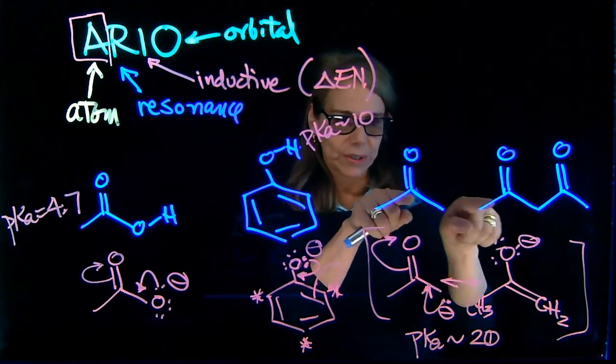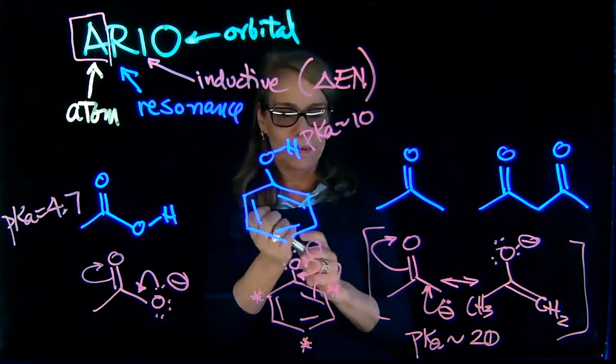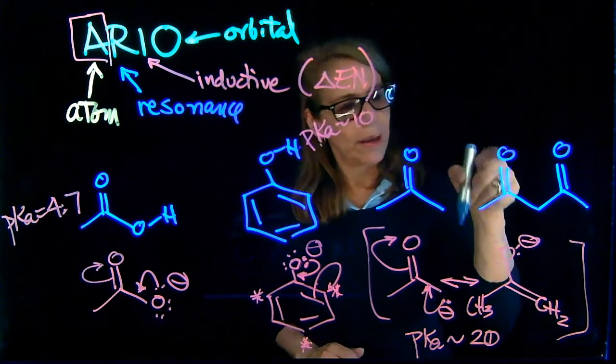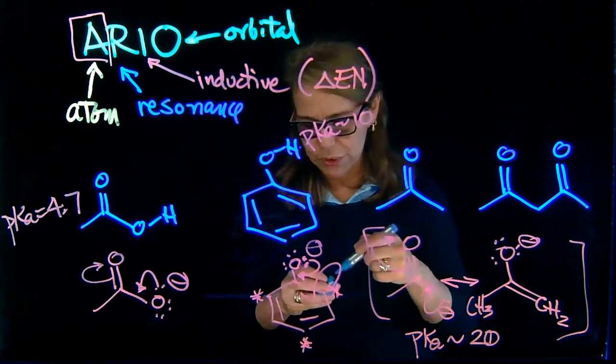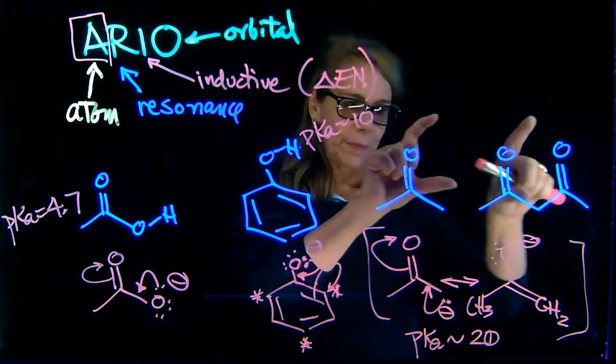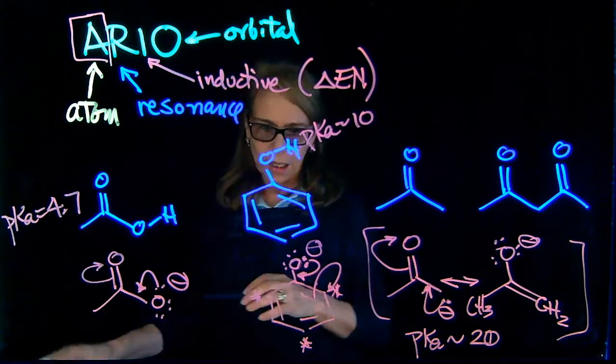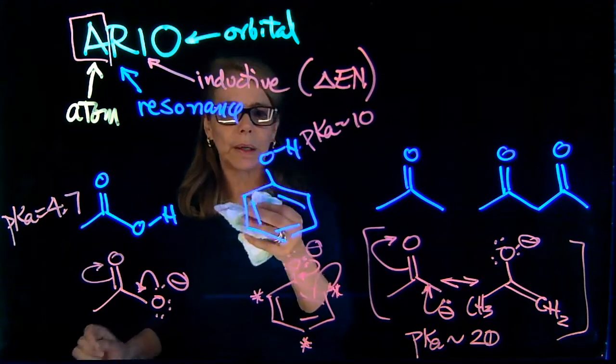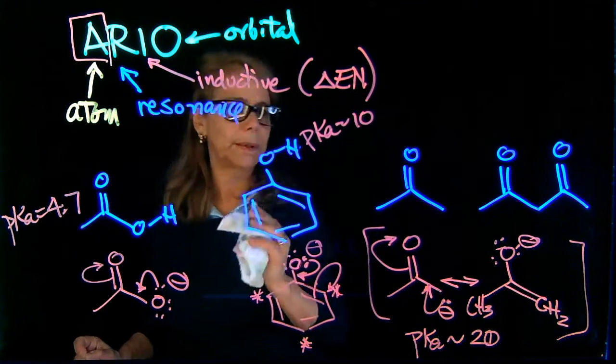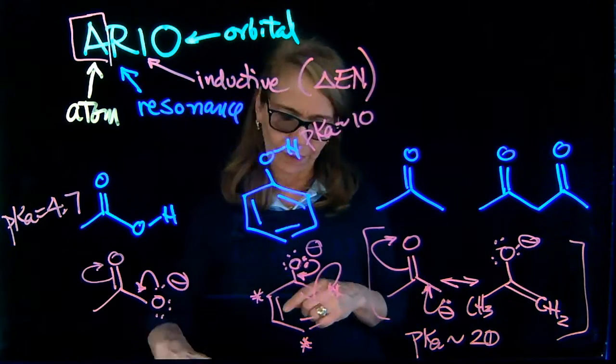I want you to look at this molecule. We're going to contrast these two using the same tools. I am now drawing the structures to determine in this molecule which hydrogens are more acidic. Because I need more room, let's do it on top.